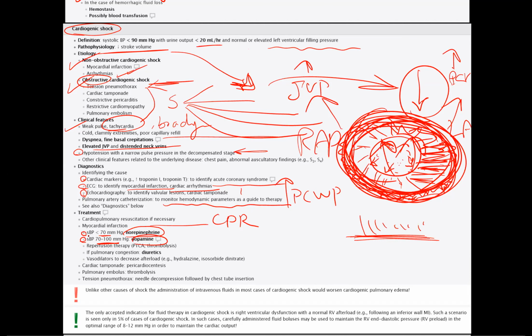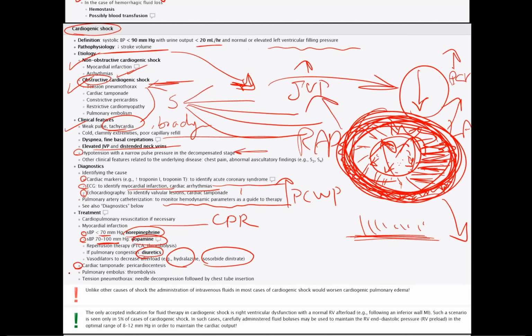If pulmonary congestion, we can use furosemide, Lasix, diuretics for treating the pulmonary edema. Vasodilators like hydralazine and isosorbide dinitrate are used to decrease the afterload. Okay.